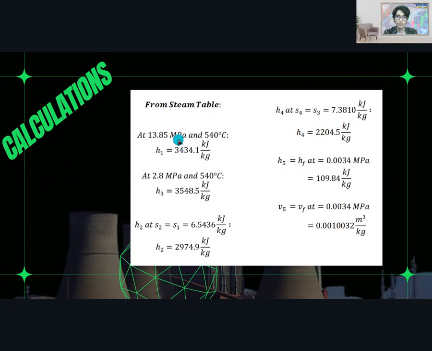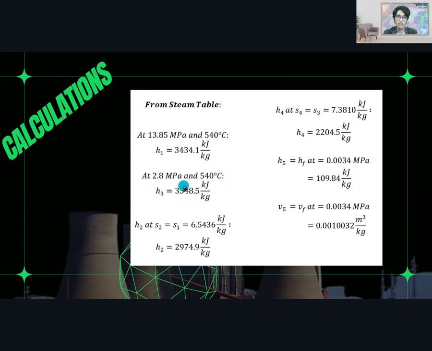At 13.85 MPa and 540 centigrade, enthalpy 1 is equal to 3,434.1 kilojoule per kilogram.